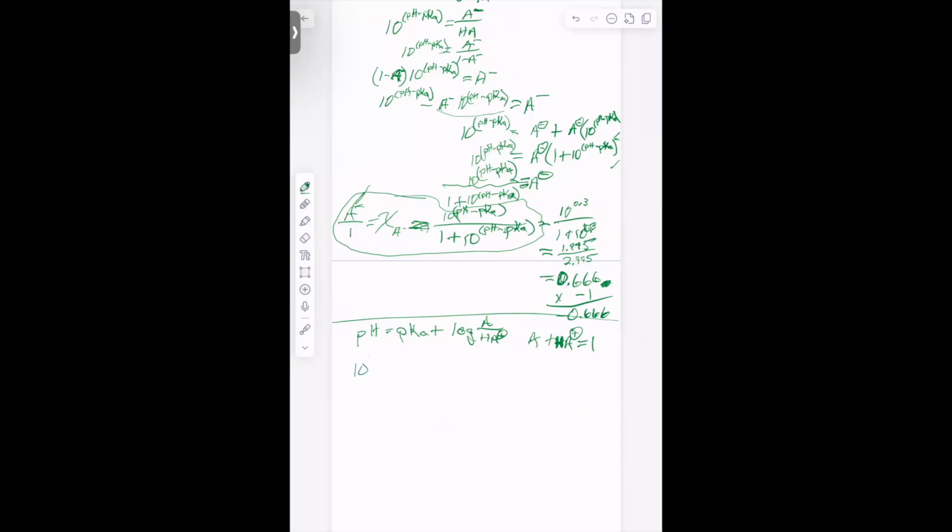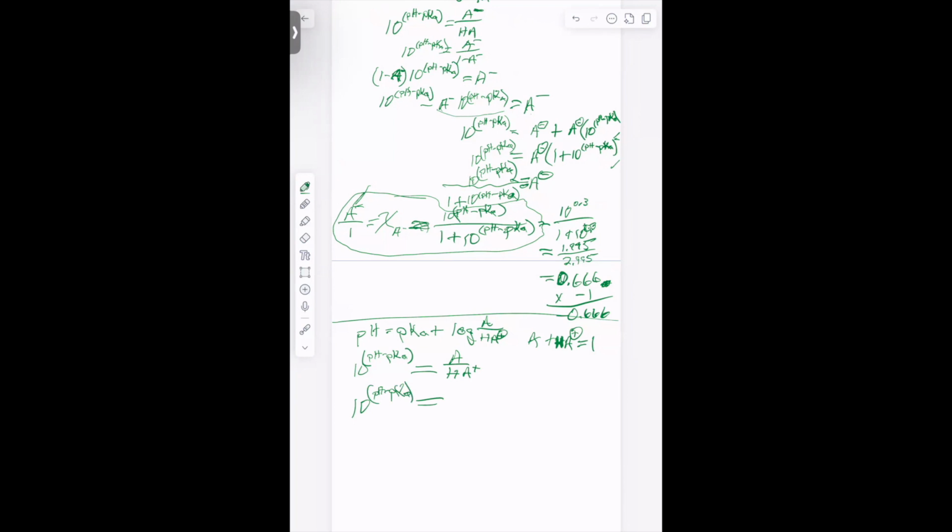So pH minus pKa is equal to A over HA, and then we'll want to do a little replacement here. So we'll have 10 to the pH minus pKa.